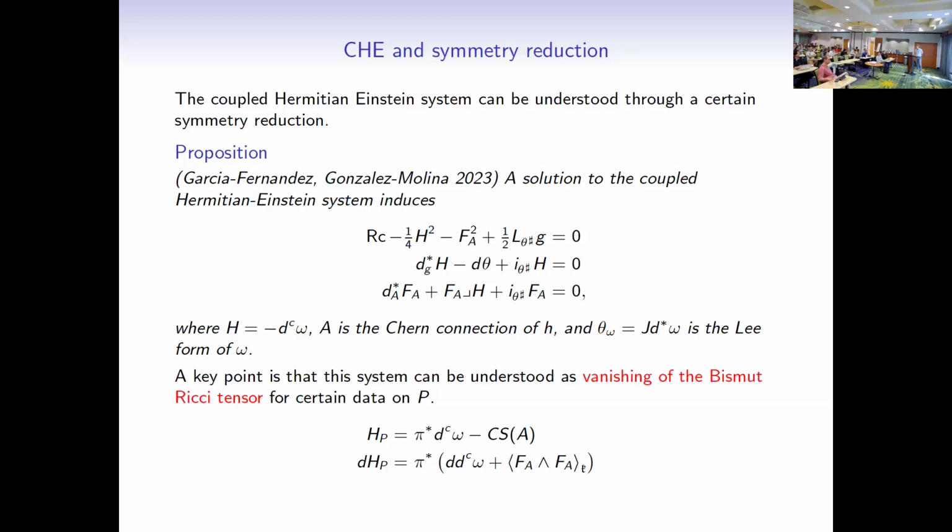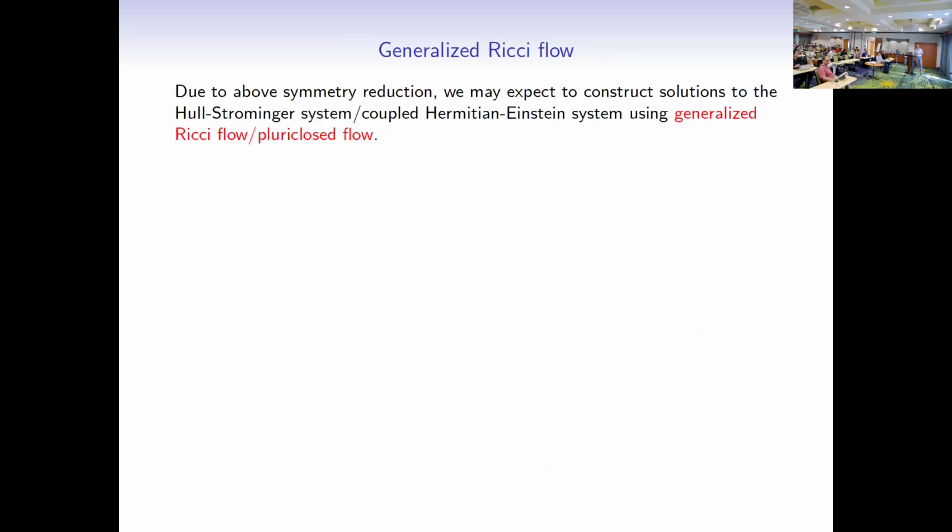But okay, so given that we can think maybe of this Hull-Strominger system, modified slightly, as the vanishing of the Bismuth-Ricci tensor, well, we have this tool that we've developed for trying to construct data with vanishing Bismuth-Ricci tensor, we call a generalized Ricci flow.